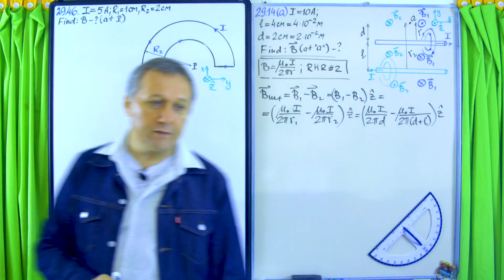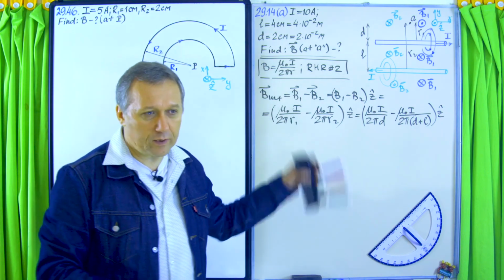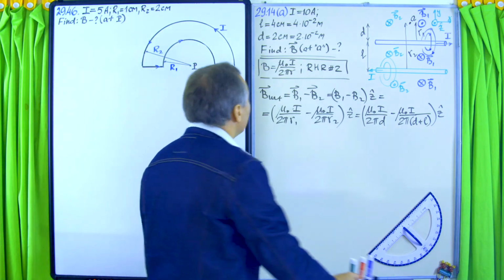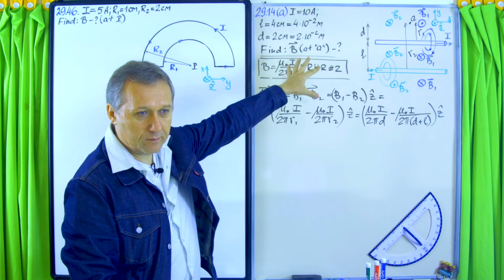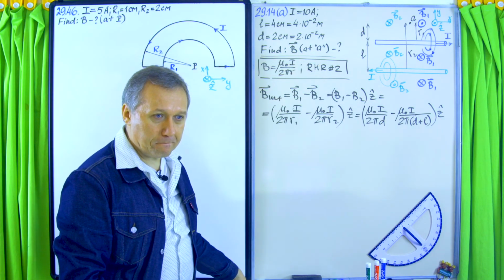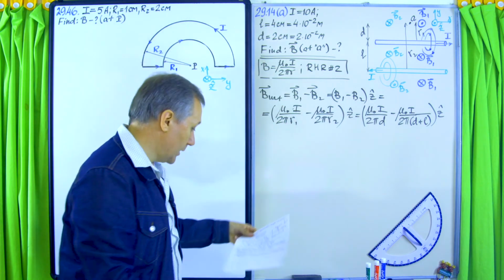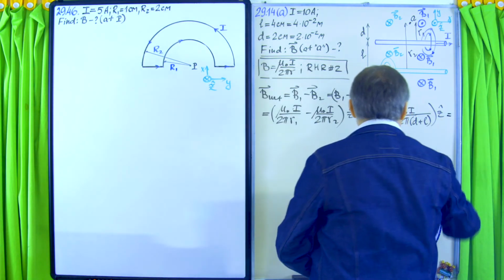Of course, mu naught I divided by 2 pi can be factored out. I will just write down the answer pretty much. Problem is solved. And of course, I already converted centimeters to meters. Distances must be in meters because current is given in amps. So let me make it look nicer.